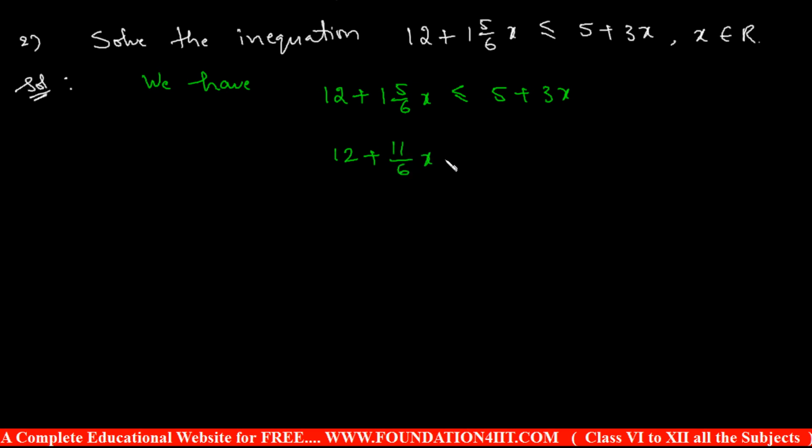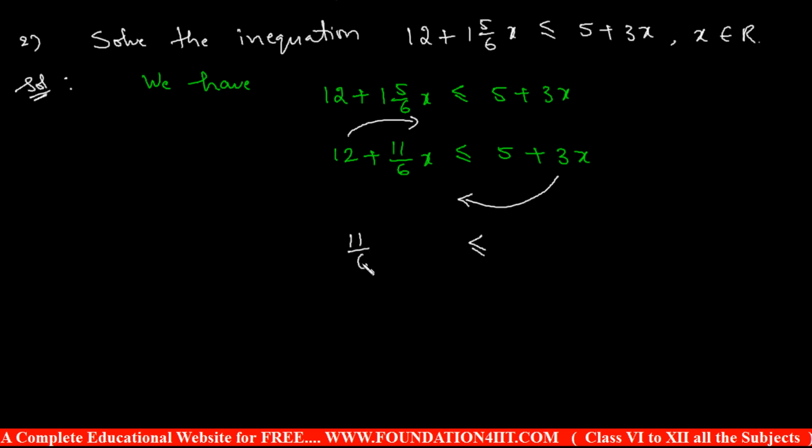So 11 by 6x less than or equal to 5 plus 3x. Now we can take the x terms to one side and numbers to the other side. We take the x terms to the left and 12 to the right side. The middle symbol, less than or equal to, does not change. This is a simple trick, you can directly take it.